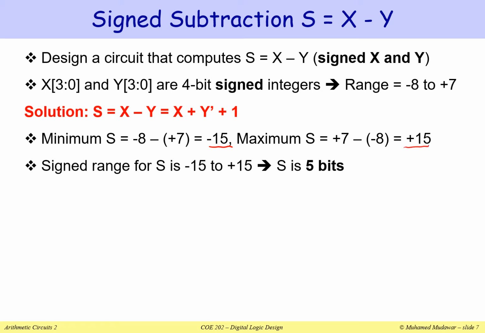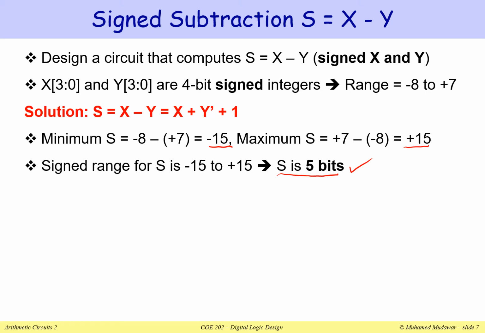So what I need is to be able to represent this range from -15 to +15. And to represent this range, we need s to be 5 bits because it cannot be represented with 4 bits. With 4 bits, you can go from -8 to +7.